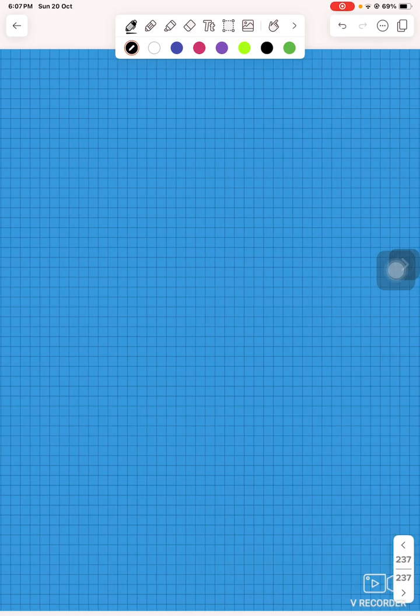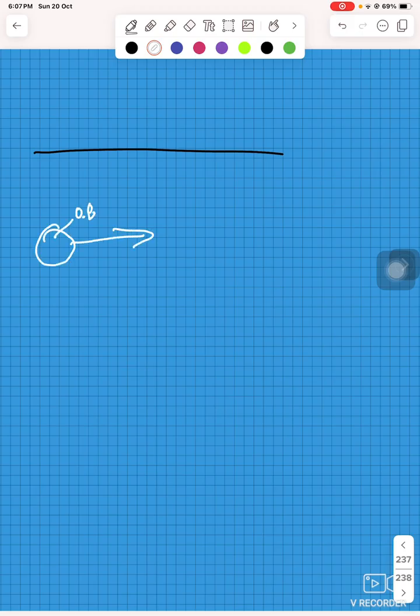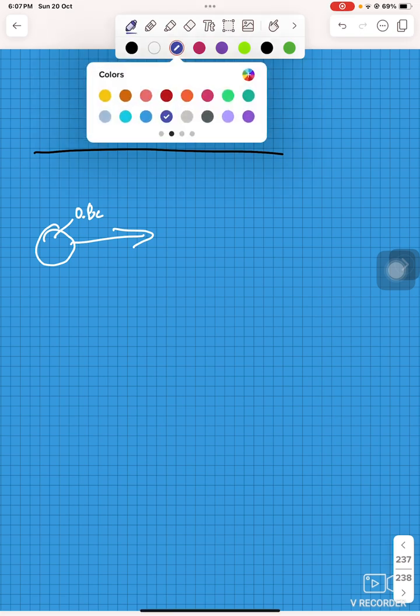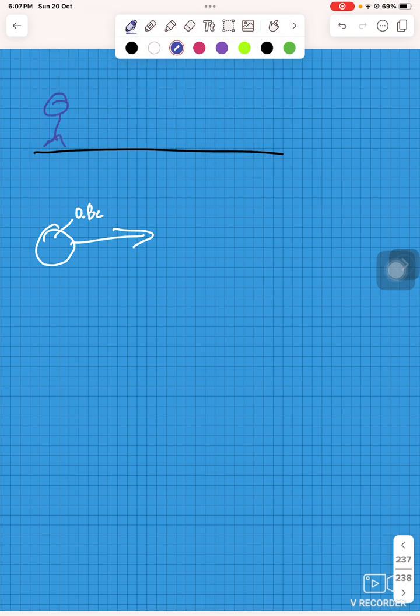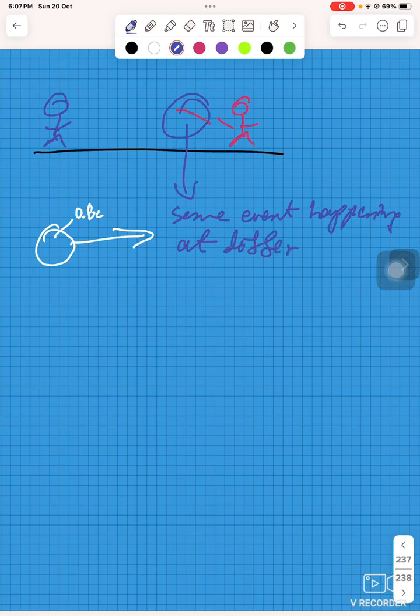This effect, what I mean is that right now this object is moving at like 0.8 the speed of light. For him and the person standing here, they will observe the same event happening at different coordinates for both.